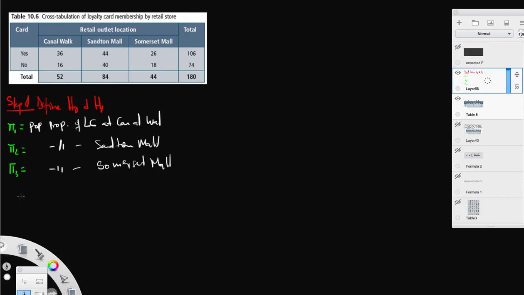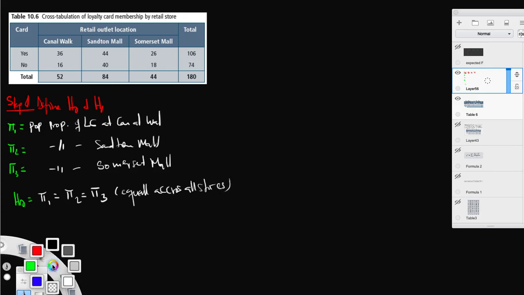Okay, then in that scenario, what we would say for our null will be that proportion 1 is equal to proportion 2 is equal to proportion 3, meaning that they are equal across all stores.